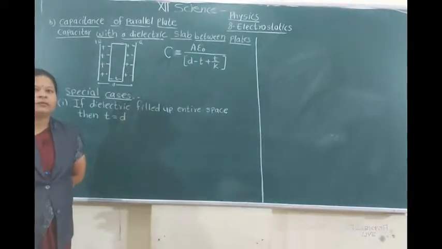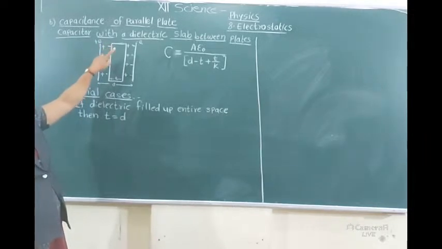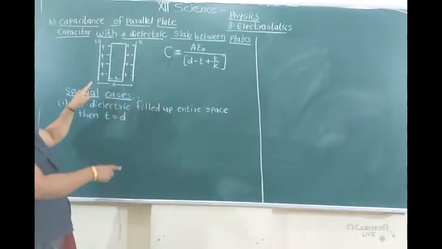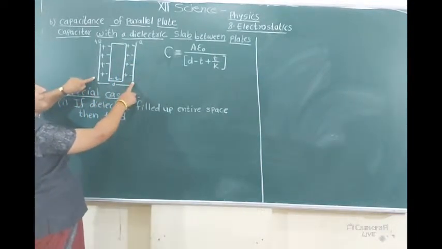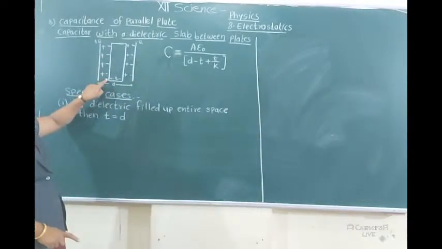Good morning friends. In the previous lecture we completed the capacitance of a parallel plate capacitor with a dielectric slab between the plates. These are two conducting plates and in between them we kept a dielectric slab.